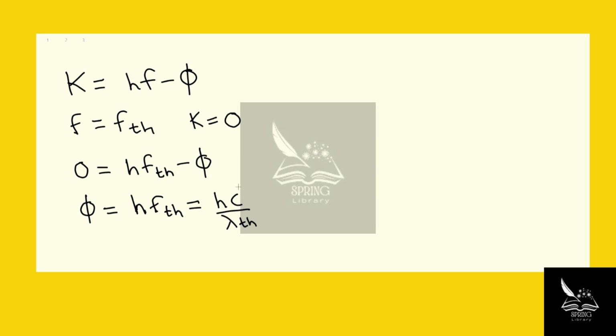And you can see that because h and c are constants, the only thing we can actually vary to minimize the work function, which is our objective, is lambda. We have a range of lambdas in our problem. And the lambda that we need to choose to minimize phi is the maximum lambda we have available because it's in the denominator. So using our largest value of lambda, 750 nanometers, we can determine the corresponding work function, which will be the smallest possible one in our range of possibilities.